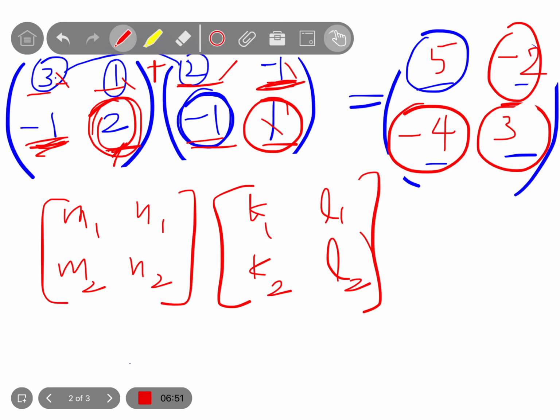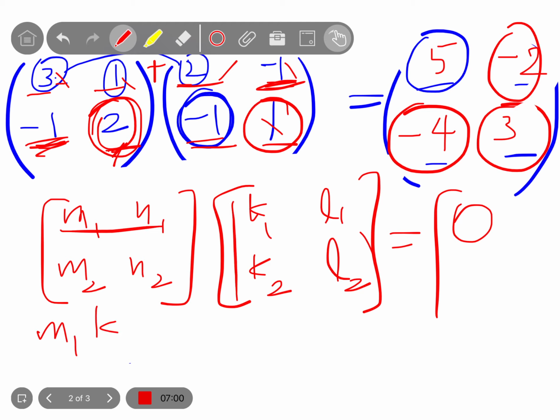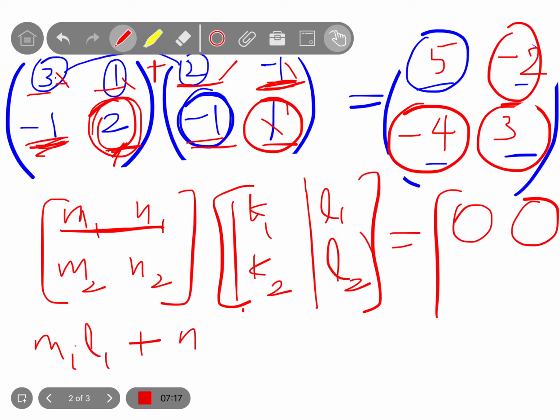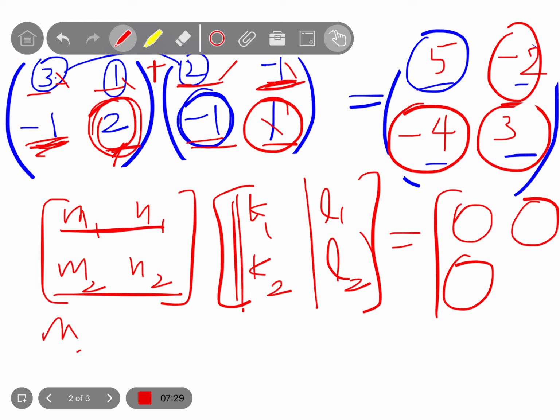To get the first value, you multiply this row by this column: m1 k1 plus n1 k2. To get the next value, you multiply this row by this column: m1 l1 plus n1 l2. The next one is m2 k1 plus n2 k2.